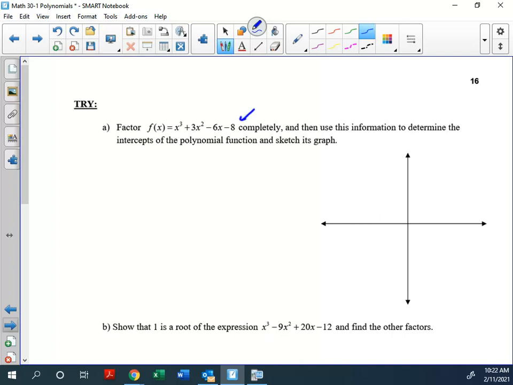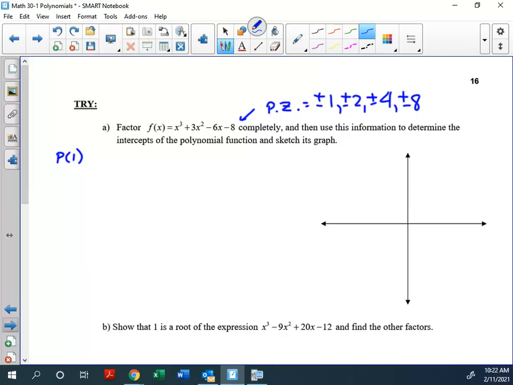I therefore look at my constant, and I say, I have potential zeros of positive and negative 1, 2, 4, 8. Are we okay where I get those numbers? Those numbers are my attempt to find a 0, which means I'm going to take that number, plug it into the polynomial, and hope to get a 0. Hopefully I won't have to get up to number 8. Very rarely do you have to go that far. Now I want to plug 1 in.